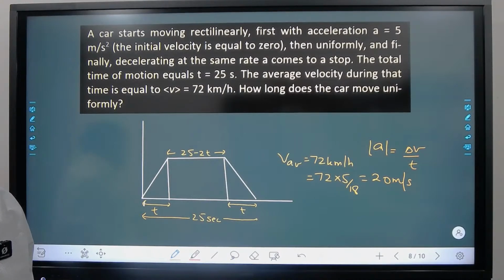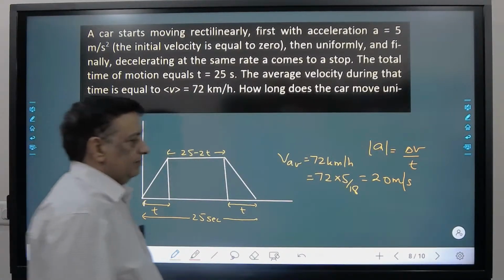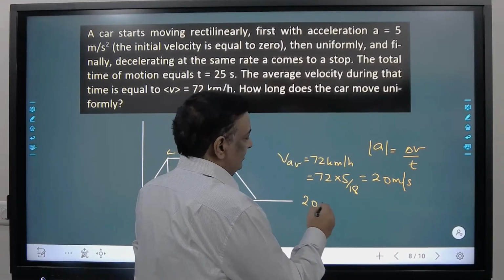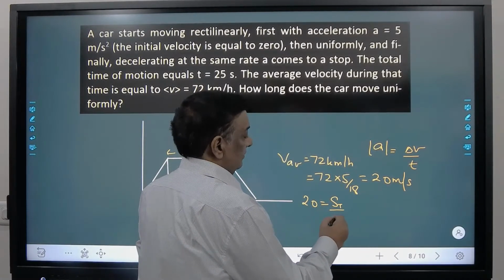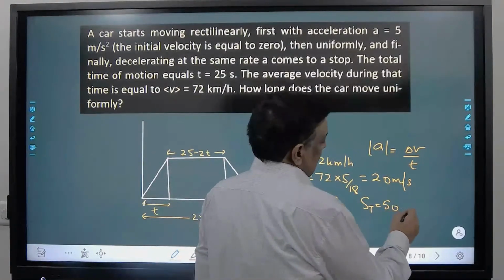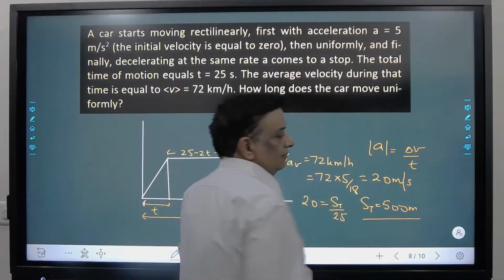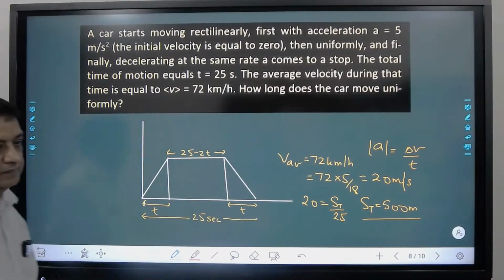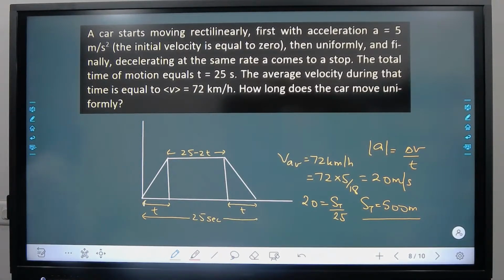And average velocity is total distance upon total time. Means 20 is equal to distance over 25, that means the total distance for the journey is 500 meter. We know the total distance, we know the total time. You have to find how long it moves.